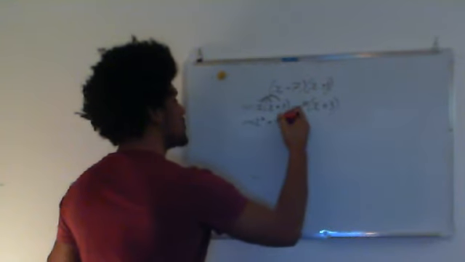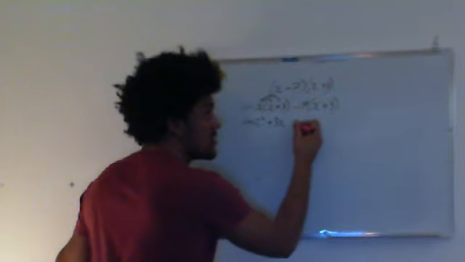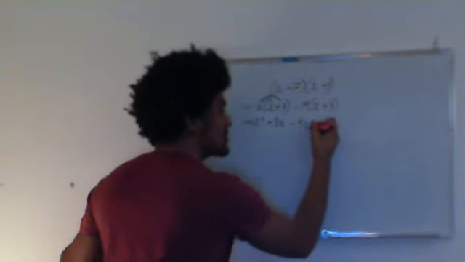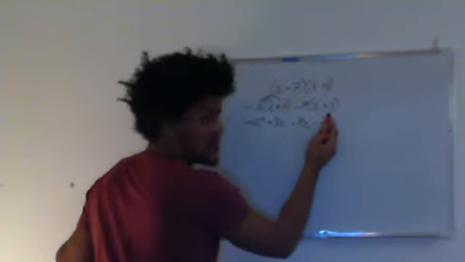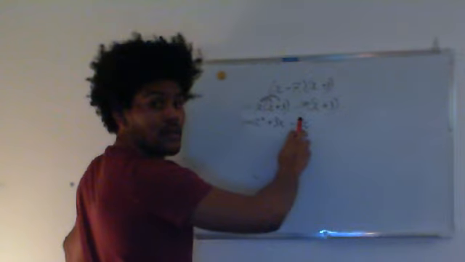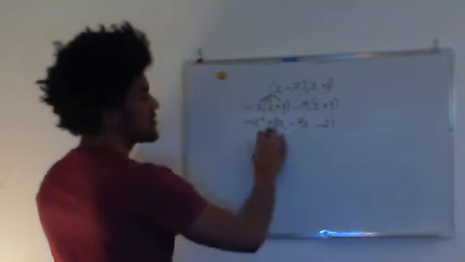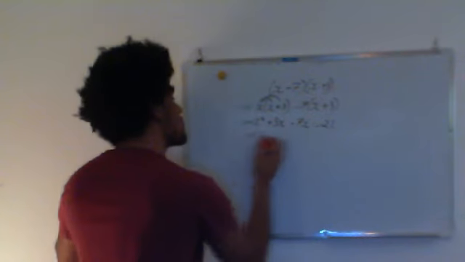Plus 3x, x times by 3. Minus 7 times by x, which will give you minus 7x. Minus 7 times by 3 is a minus times positive, so it's going to be minus 21.